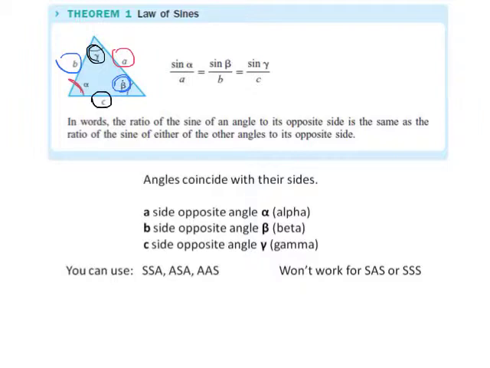So beta goes with B, alpha goes with A, gamma goes with C. Now, something very important, you can use the law of sines if you have side angle angle, or angle side angle, and angle angle side. But if you have side angle side and side side side, it's not.